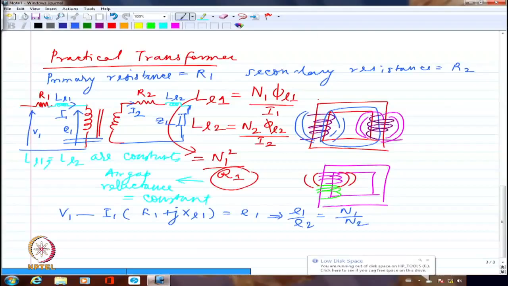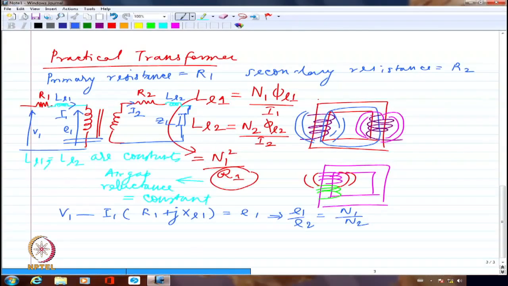V1 is the applied voltage. E1 is the voltage that is induced within the primary coil, which will be linking with the secondary coil as well. So obviously E1 will be less than V1, and it will be essentially because of the drop that occurs in the leakage reactance and the resistance of the primary winding.